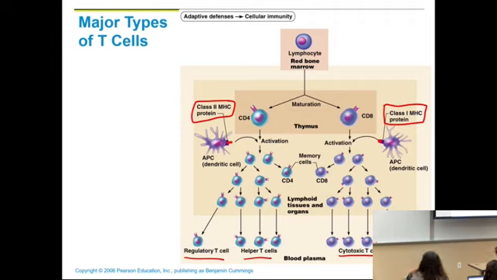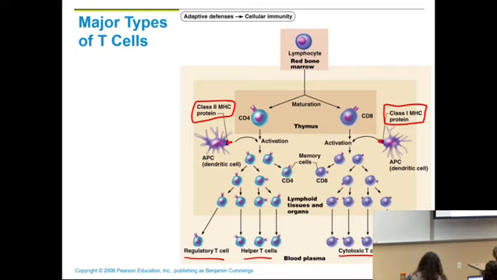Don't attack me, right? But we do know, like we saw in some of the videos, sometimes we have intracellular pathogens, like viruses that can get inside of our cells. Now that cell, which is of our own body, is infected, it's diseased, etc., so we need to kill it off. So we need to have things like our cytotoxic T cells be able to very closely look at those MHC1 molecules to make sure that cell is healthy.